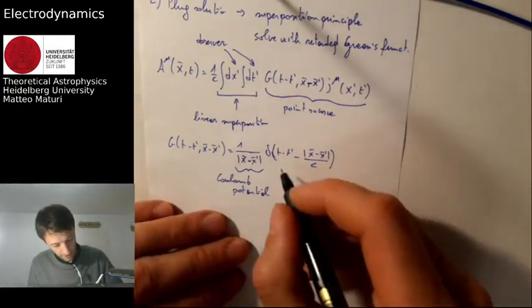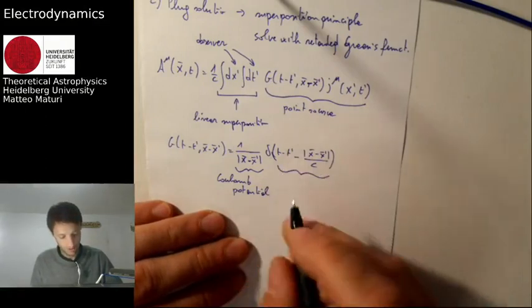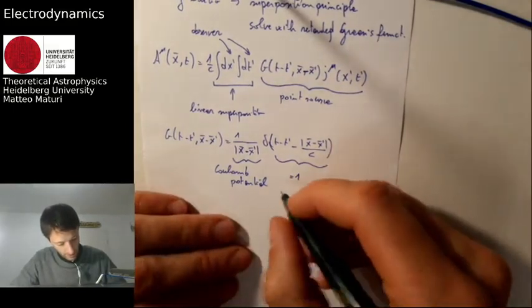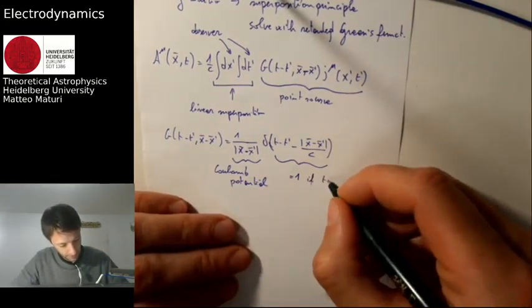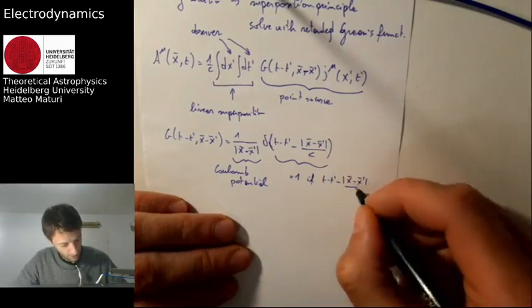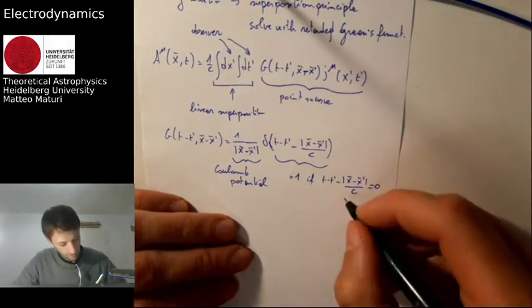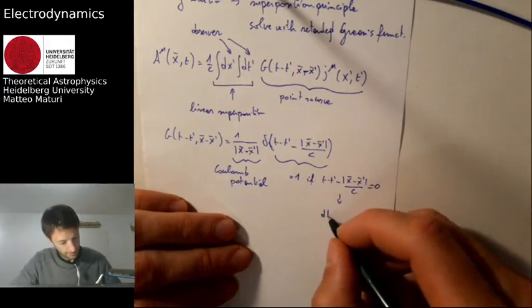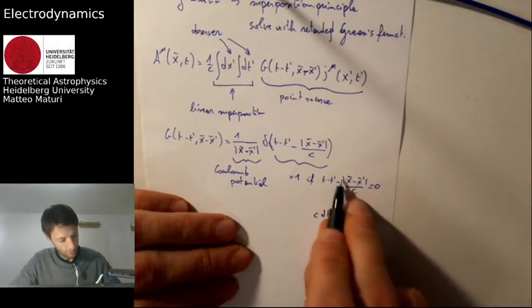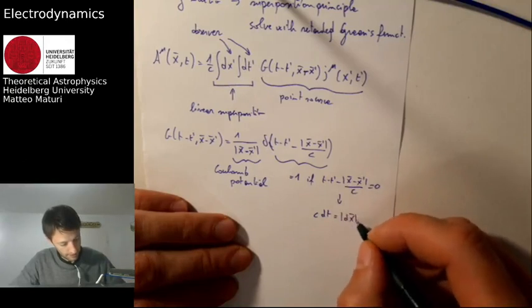Then what is all of this stuff here? Well, it is a delta for this argument, which means that this function is nonzero only if t minus t prime minus the modulus of x minus x prime over c is equal to 0. What does it mean? This means that I bring the c and I put it here, and I bring the modulus of x minus x prime on the other side.